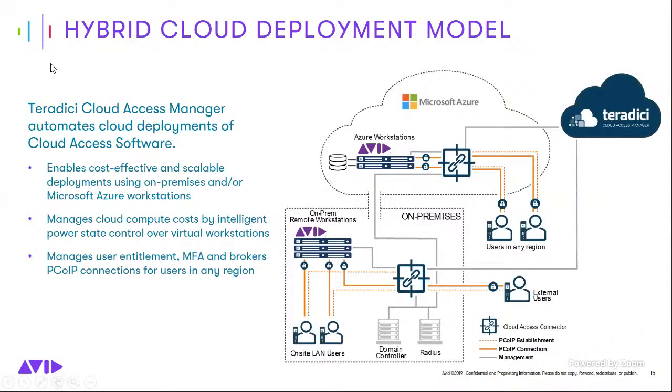The obvious one is remote locations where you have a project that's remote. Now what happens is you can go instantiate on Azure a small setup that allows your remote users in a geographic area to work on some workstations and then power them down when they're done with it.